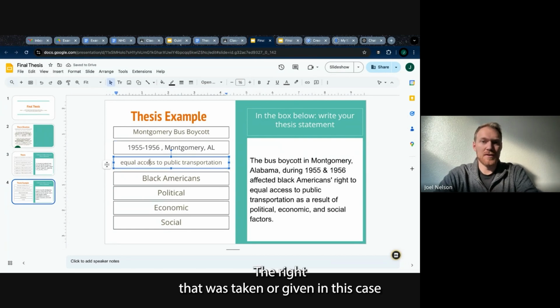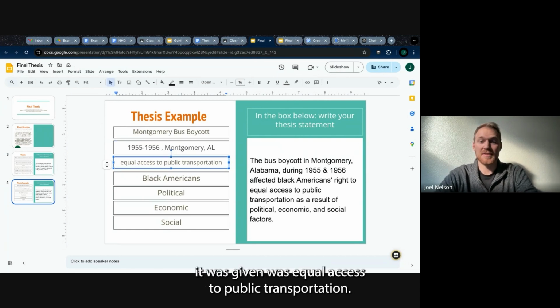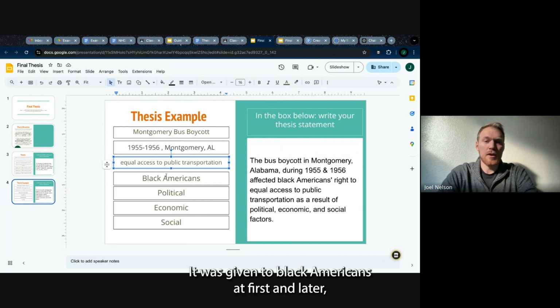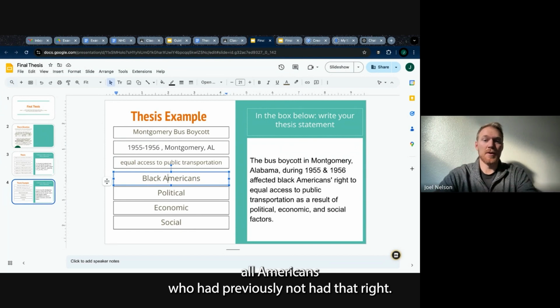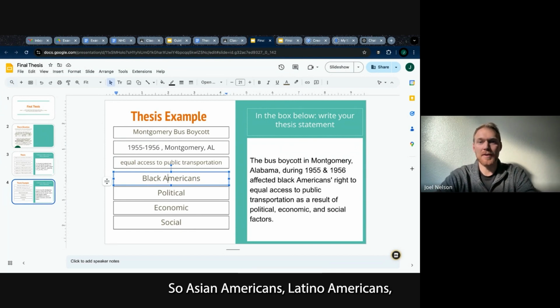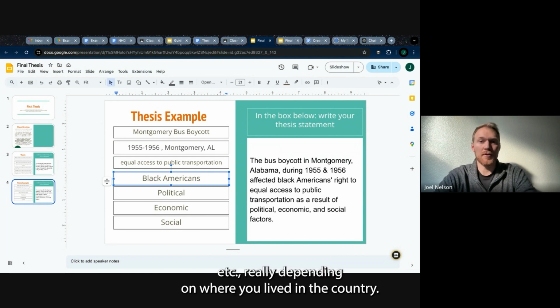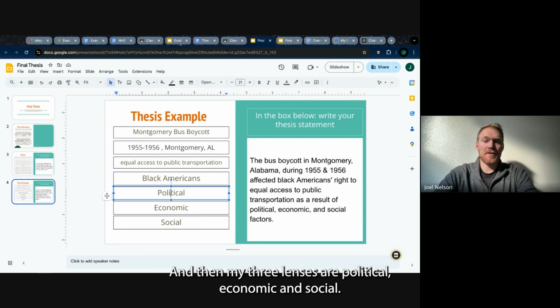The right that was taken or given, in this case it was given, was equal access to public transportation. It was given to Black Americans at first and later all Americans who had previously not had that right. So Asian Americans, Latino Americans, etc. Really depending on where you lived in the country. And then my 3 lenses are political, economic, and social.